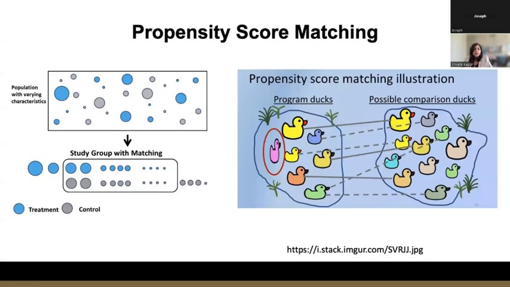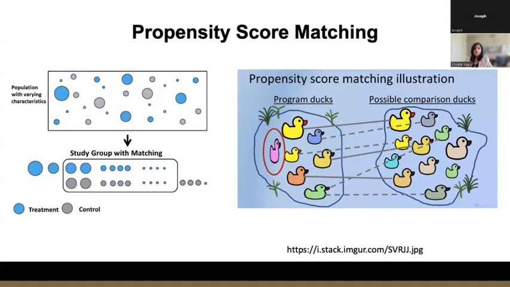So now moving on to propensity score matching. This picture basically illustrates what we do when we perform propensity score matching. When you look at the picture on the left, you can see that in the rectangle on the top, they are illustrating the population with varying characteristics. There are circles of different colors and different sizes.